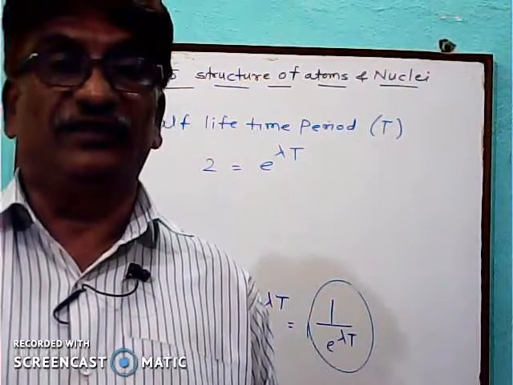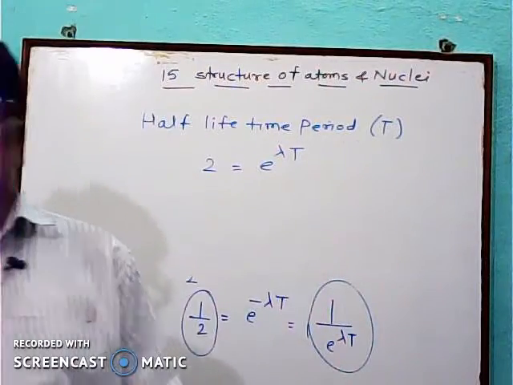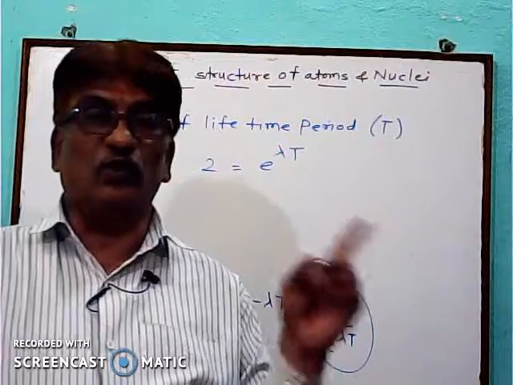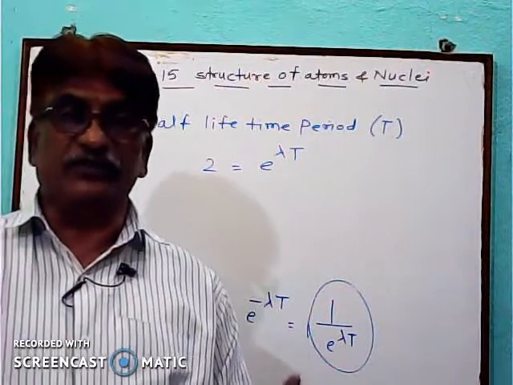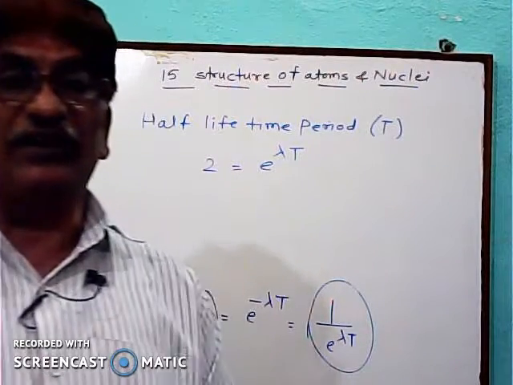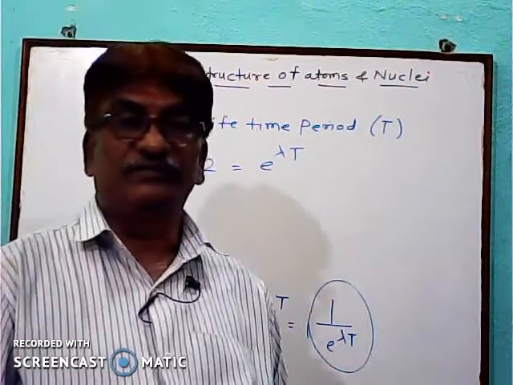If we are given the law of disintegration, N equal to N0 e raised to minus lambda t, and we substitute small t equal to capital T and capital N equal to N0 upon 2, what happens?